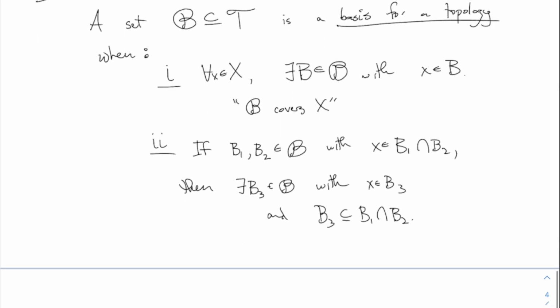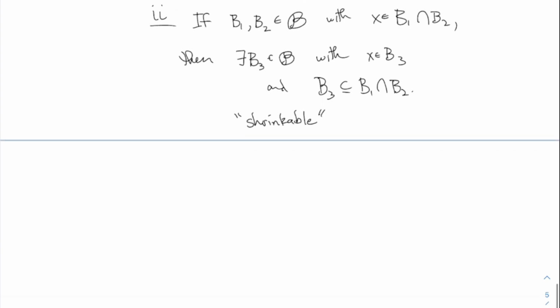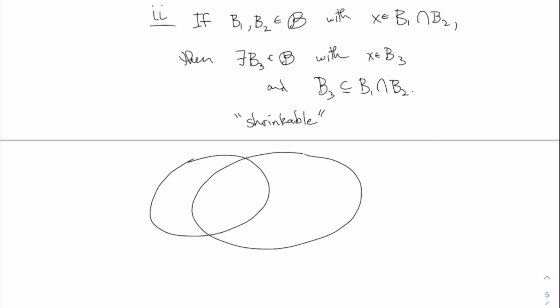This slogan does not appear in our book, but basically I think of this as the shrinkable property. The basis sets are shrinkable in this sense. Can I draw a picture which represents all of that business that I wrote there? If B1 and B2 are basis open sets, I will just draw them maybe like this, and they have some intersection.